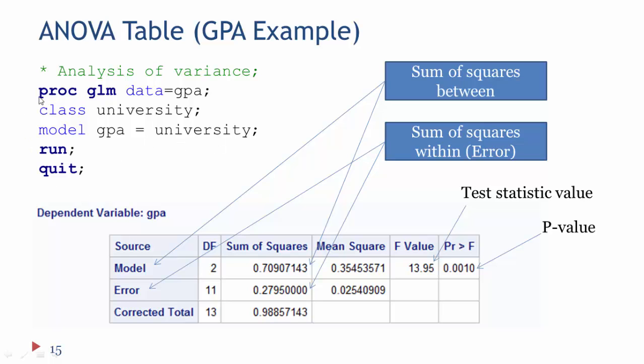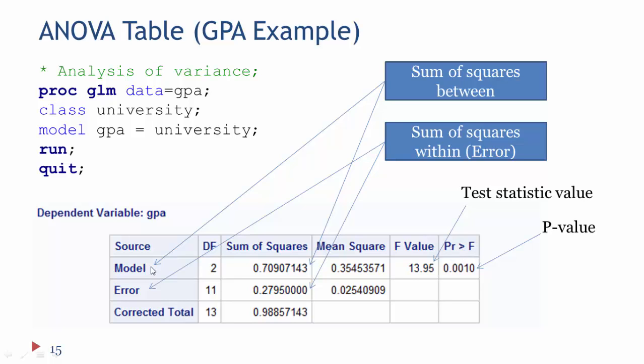Okay, so once you run this, you will get a lot of output in the SAS output window, and for now in this course, for this topic, we are only interested in this table. This is the global ANOVA table. Okay, so the dependent variable is GPA, and you get a table like this with columns: sources, or in other words, sources of variability, and then the degrees of freedom, the sums of squares, the mean squares, and F value and the P value.